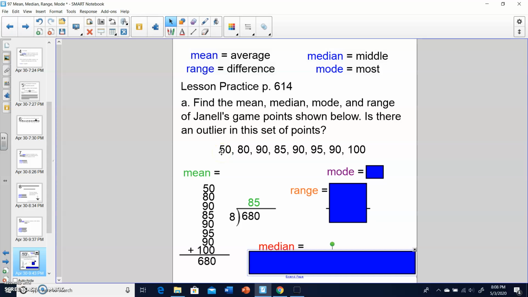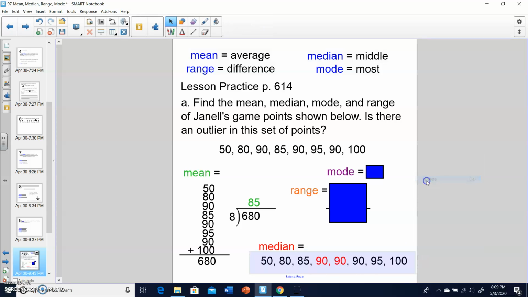So my lowest would be 50, then 80, then I'd go 85, 90, 90, another 90, 95, 100. Once they're in order, we see this time we have an even number, so I have two numbers in the middle. Luckily, they're both 90s, which tells me that my median is also going to be 90. Median's in the middle.